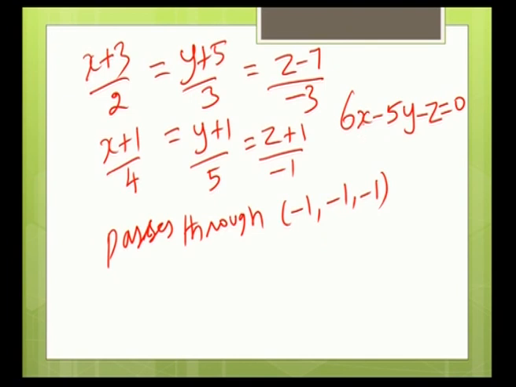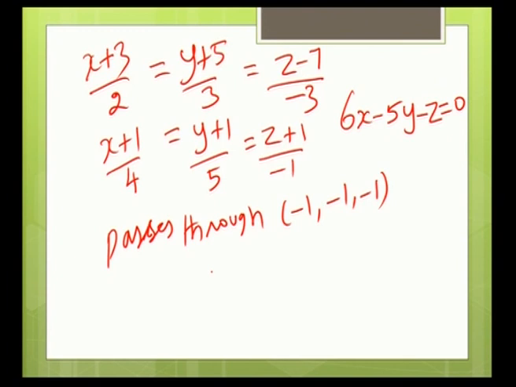So, minus 6, then plus 5, then plus 1, is equal to 0. So, this point satisfies this equation. So, this plane passes through this point on the second line. So, the second line also lies in the same plane.